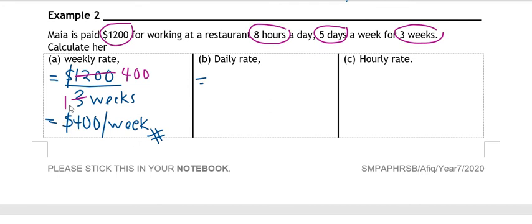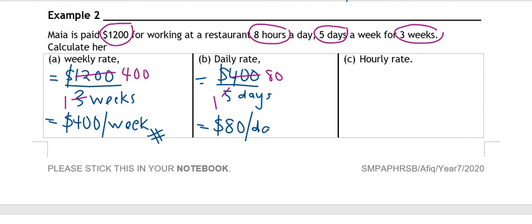So you have to use $400 because she is paid $400 for a week. So 400 divided by 5 days, right? So here you have to divide everything by 5. So the daily rate that she will be paid is $80 per day.